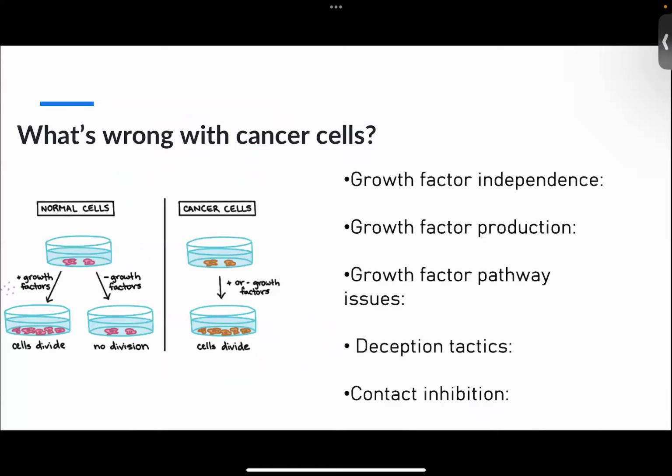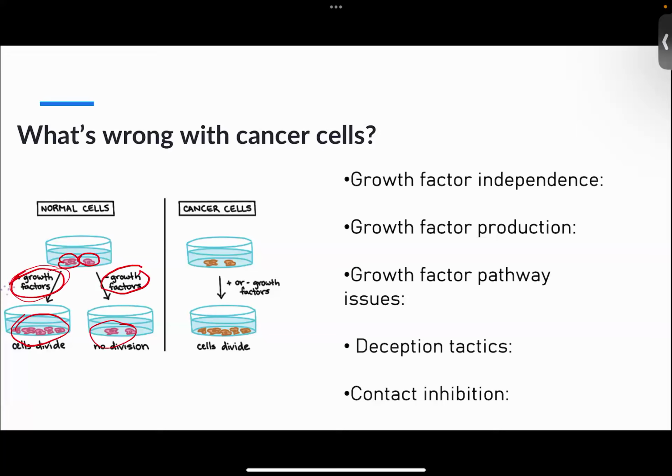Next, let's see what is wrong with the cancer cell, and why it is dividing that way. Now that you understand the cell cycle, let's see what is happening here. In normal cells, as in the diagram, when growth factors are present the cells start growing, and without the growth factor the cell does not grow.